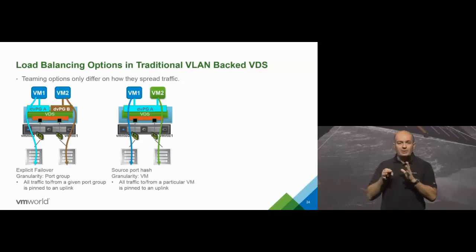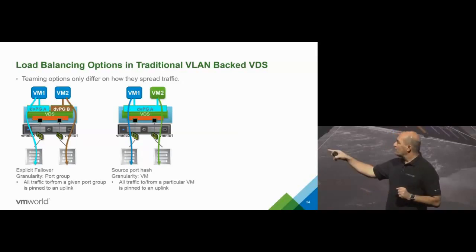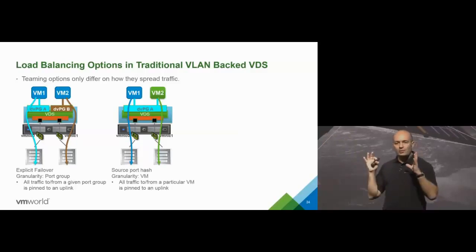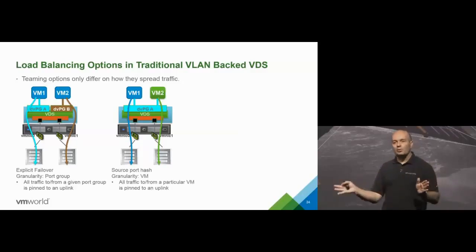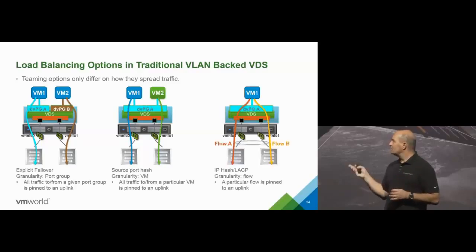Now we can be a little bit more granular. We have an option called source port hash. And now we're going to pin the VM NIC of a virtual machine to a particular uplink. So within the same DV port group, based on your virtual machine, I will send on either the left uplink or the right uplink. More granular. And most granular is per flow.